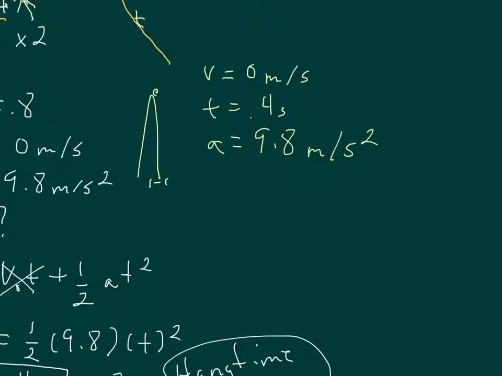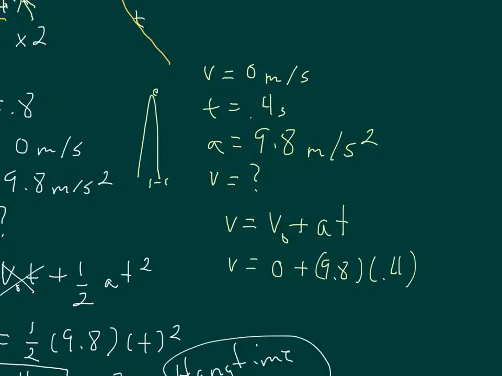All right. And we are looking for that final velocity at which it hits the ground in this case. So we're going to use that equation. Our final velocity is equal to our initial velocity plus at. And this is going to be 0 plus 9.8 times our time. And our velocity is going to be equal to 3.92 meters per second.